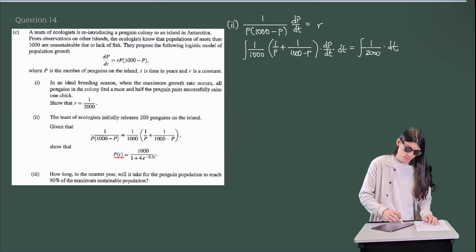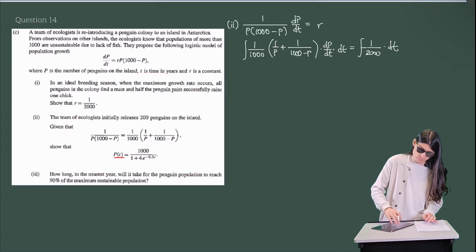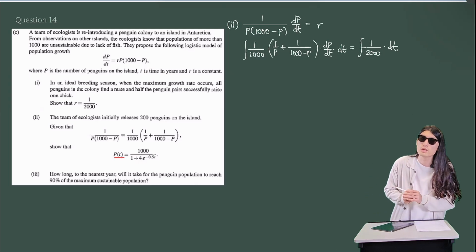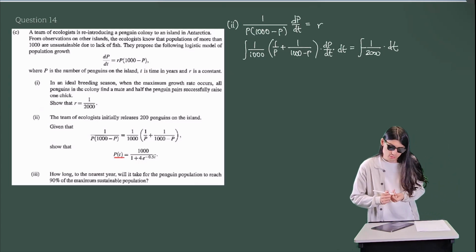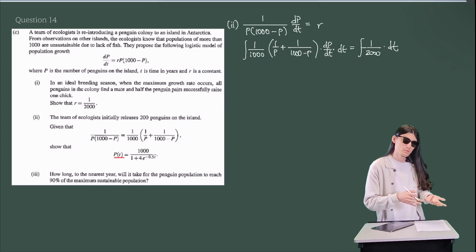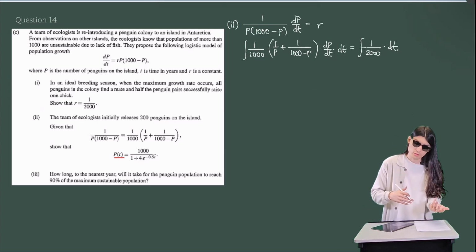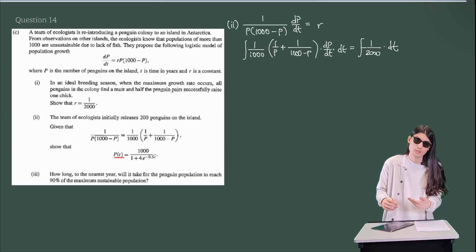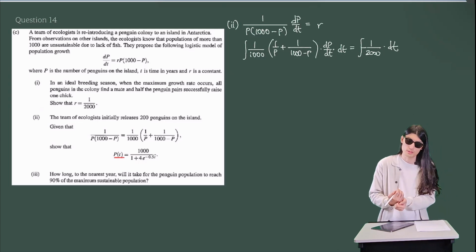Like this question itself, if you add them all up, it'll be easily like 7-8 marks altogether. So you don't want to throw away all those marks just because you couldn't do the first part. You can just use 1 over 2000 as your value of r in your second part to solve the second part, even if you couldn't show it in the first part.